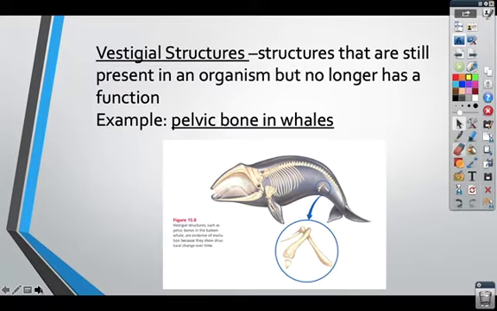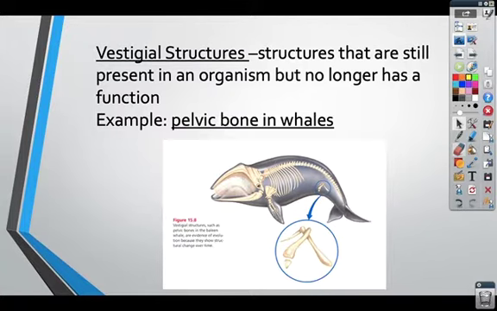All right. The third type of structure, when we look at comparative anatomy, are vestigial structures. Again, the definition is the same as the previous slide. Just wanted to show you an example. So vestigial structures are things that are present but no longer have a function, and they're often much smaller in size as well. So in some species of whales, you'll actually find pelvic bones at the back of the body near the tail, suggesting that they evolved from an organism that once had 4 limbs.